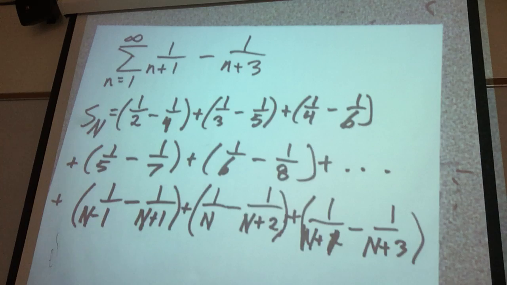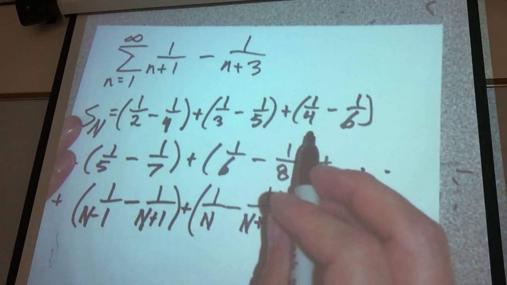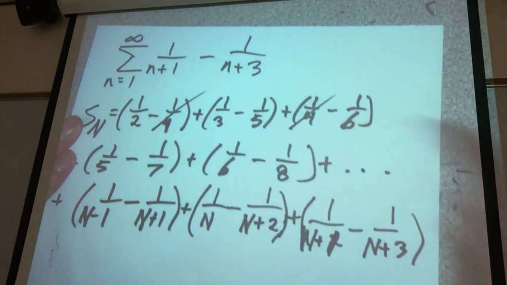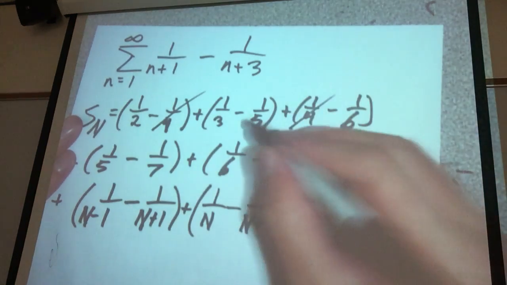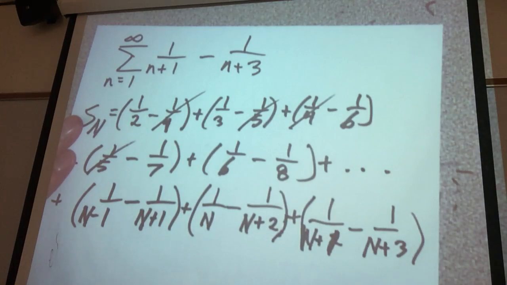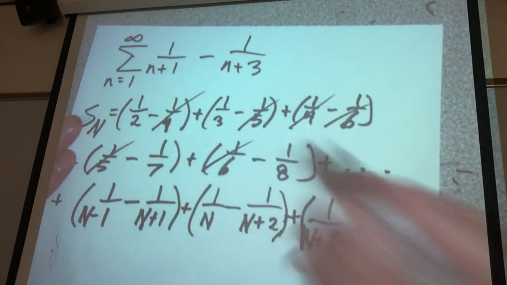Okay. Now, if we look at this one, negative 1/4 is going to cancel with somebody on the opposite side. So 1/4 is going to cancel with 1/4. Now, negative 1/5 is going to cancel with positive 1/5. Negative 1/6 is going to cancel with positive 1/6.